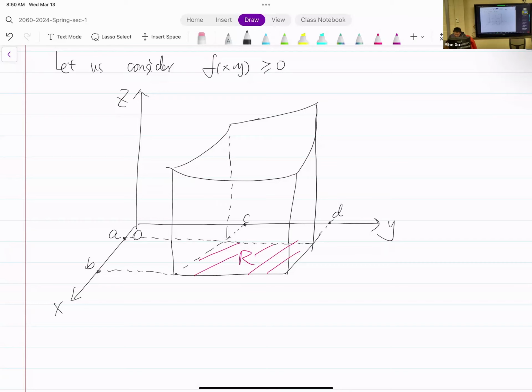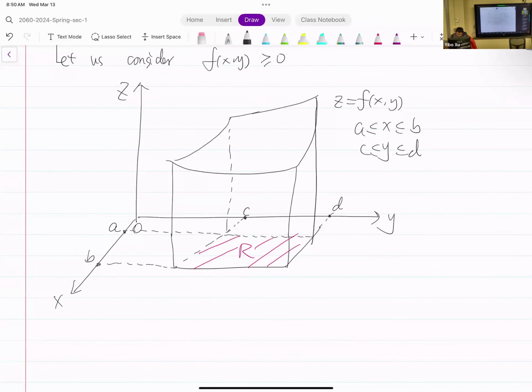So what are we looking at? We're looking at the surface at the top, z equals f of x y. Here we have the region R to be the rectangle that has x between a and b and y between c and d. To be more specific, R is in the domain which is [a, b] cross [c, d].